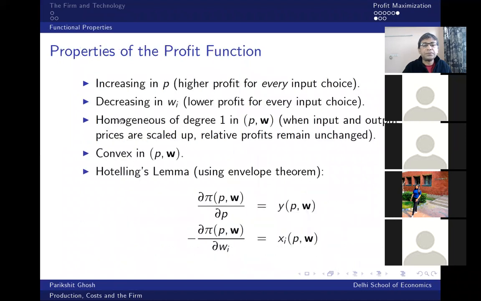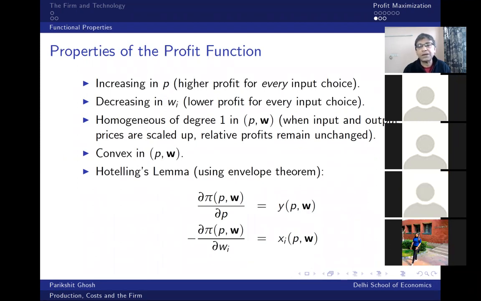To see that, I will do a gear shift. I will now try to tackle the profit maximization problem directly, instead of the two-step method of solution, construct the cost function, then do profit maximization. Let's try to do profit maximization directly.